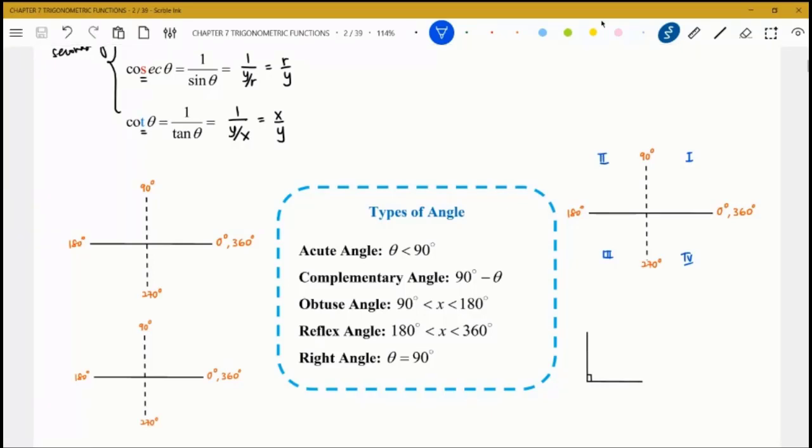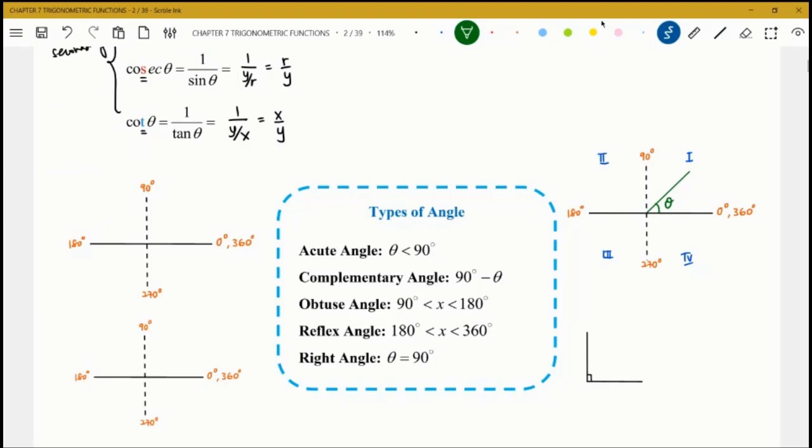Okay, so it says that it's less than 90, so it should lie on the first quadrant. So let's say we have it here, any point ataupun any part around 0 to 90. Okay, so let's say I make it here will be theta. Okay, so that one is for the acute angle.